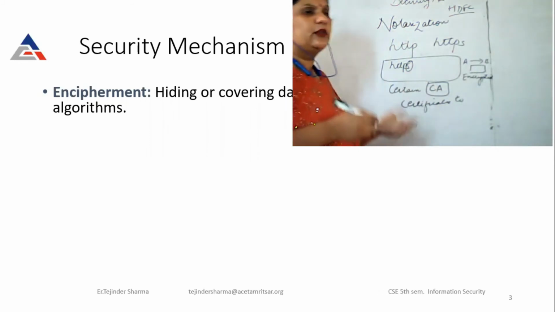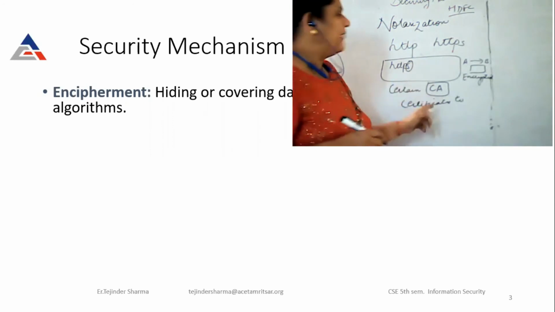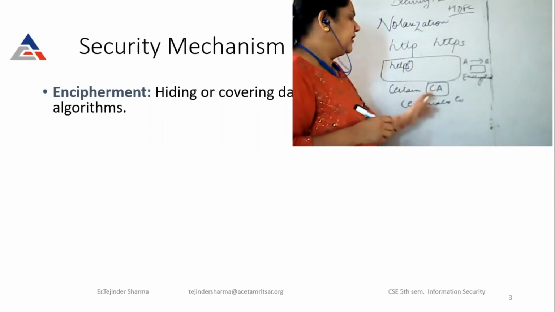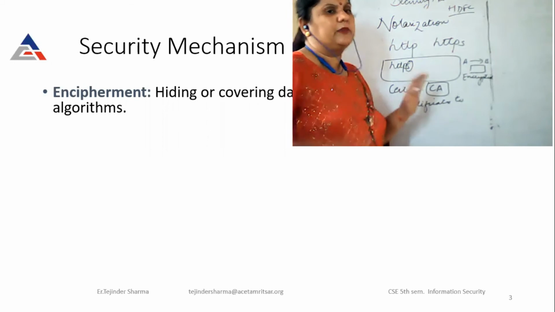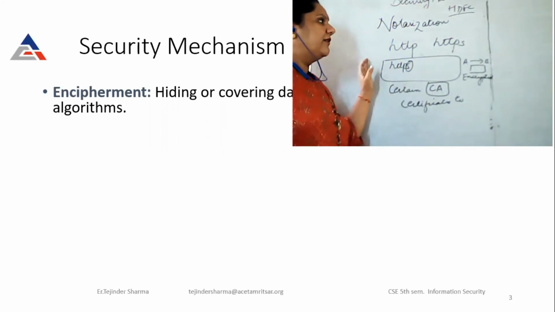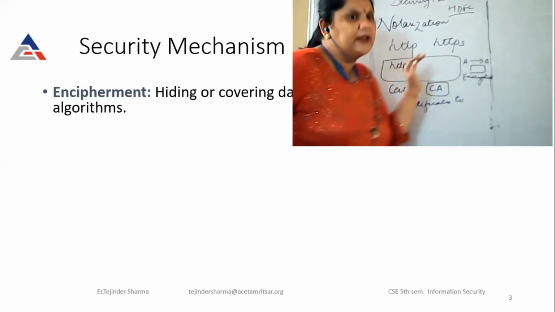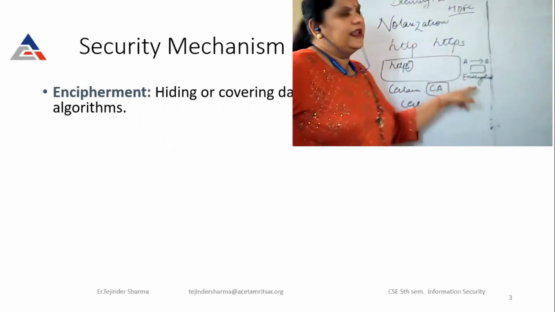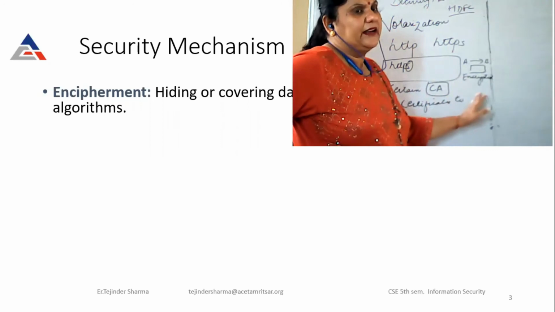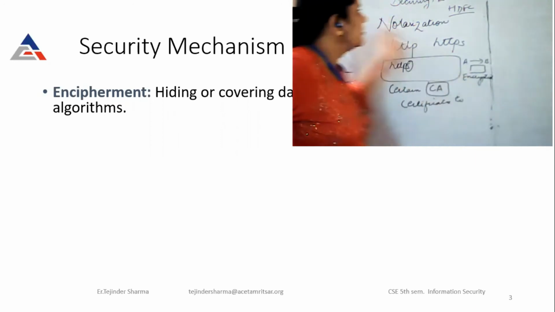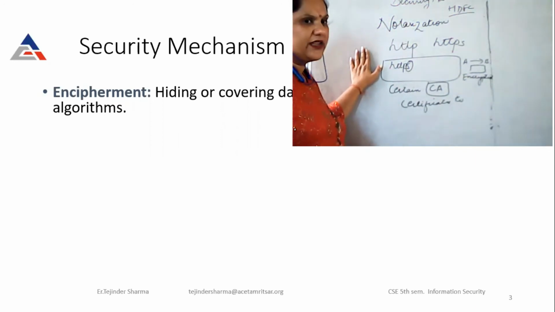You can even check those CAs on the particular website. If the CA certificate of that website is okay, you can be sure that whatever financial transaction you make on this website will be carried out in an encrypted manner. So this entire process is called notarization.